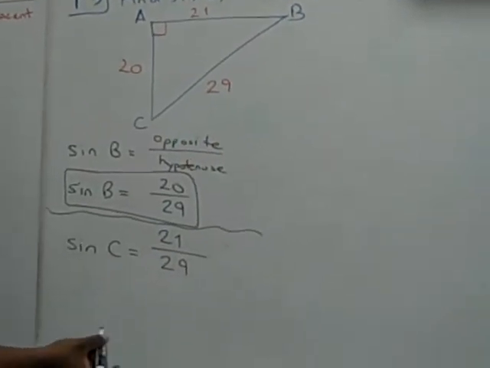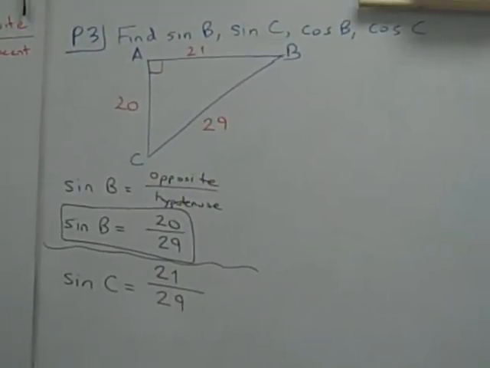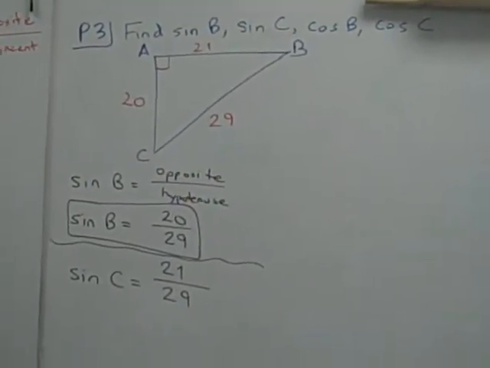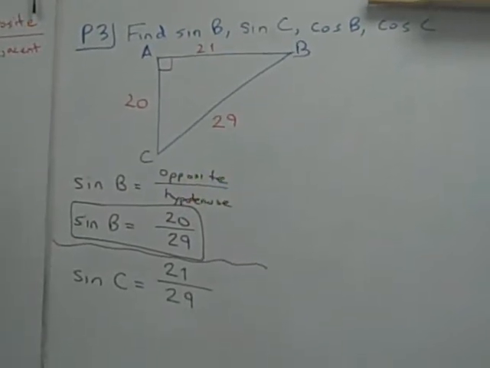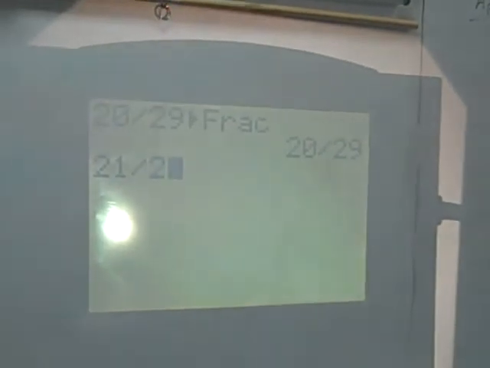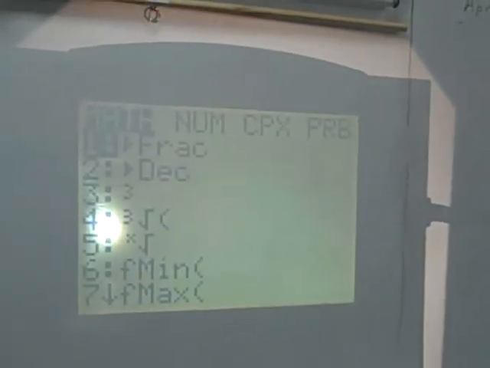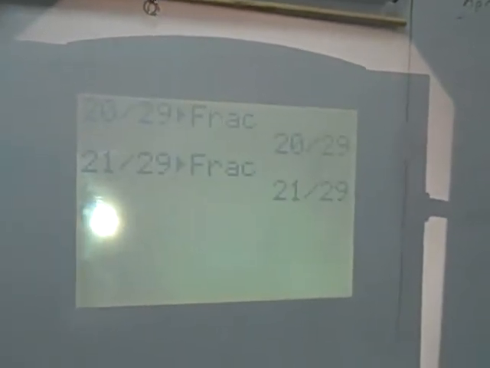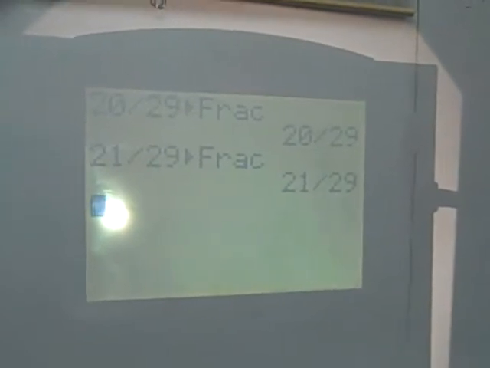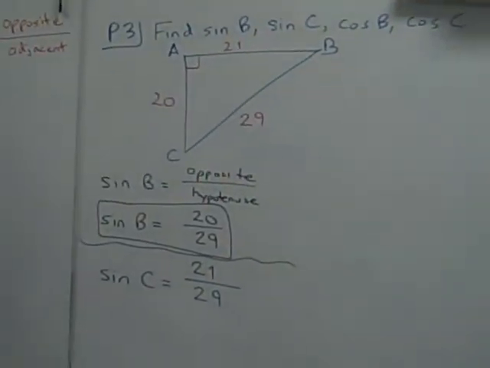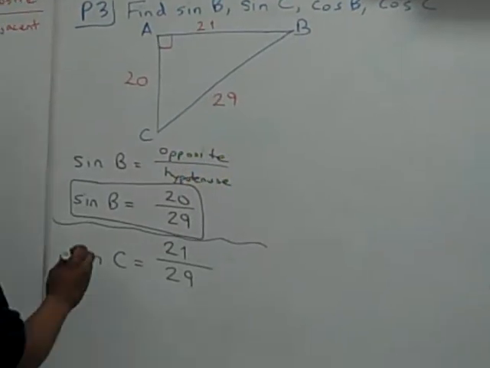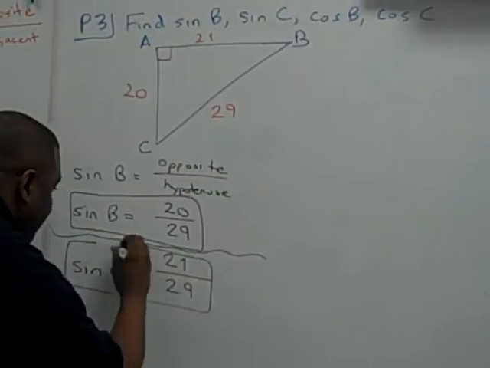And then, of course, you can check your calculator again to see if 21 over 29 is reduced. I'll give you a moment to do that. Okay, you should have gotten the same thing as I did. The ratio cannot be reduced. So therefore, this is our sine ratio for angle C.